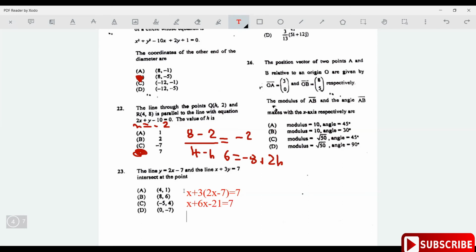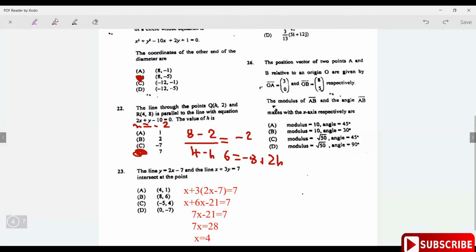Going down, we're going to get 7x minus 21 equals 7. And so we're going to get 7x equal to 28, so x equal to 4. Easy. Since x is 4, you plug in 4 here, you get y is 1. Option A. Nice.